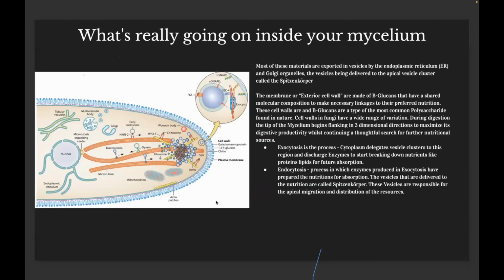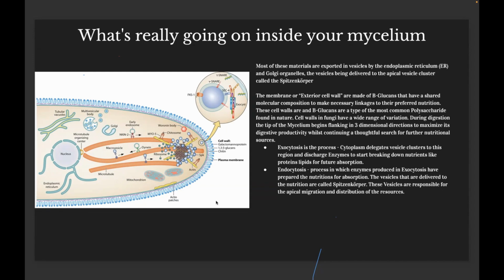So that outer growth tip you see in your grain, at the edge of your plates, or in a ball of mycelium in a liquid culture, that tip of the mycelium is doing all the thinking, all the work, all the signaling. And it's also taking in that food and delivering it to other places in the mycelial body that need the food, right?